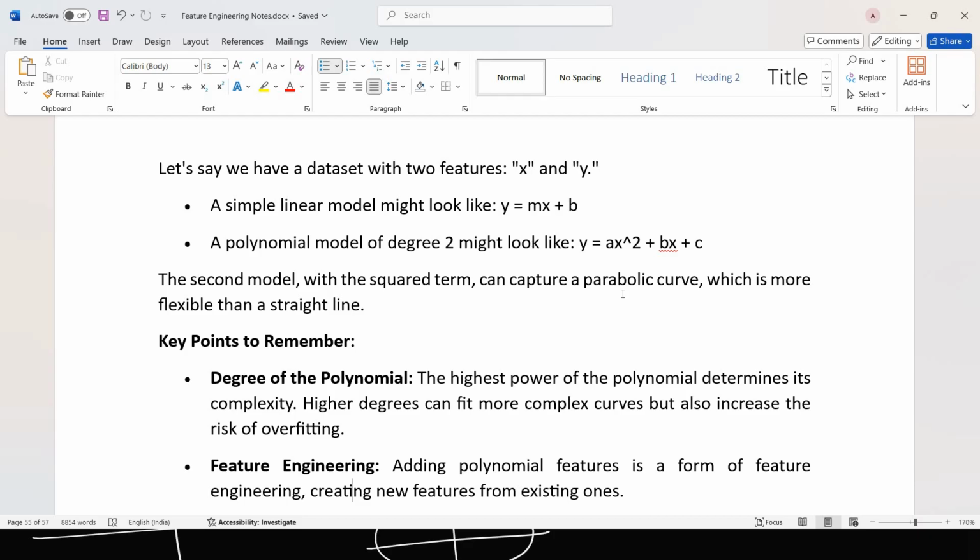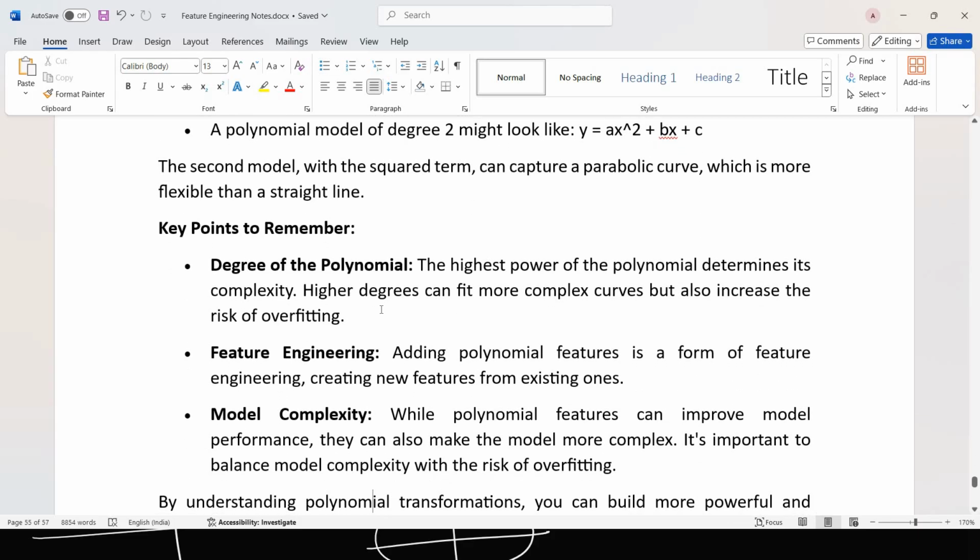So that will be really interesting and really important for you to know. Okay, so the second model will capture a parabolic curve which is more flexible than a straight line, obviously, and it will be able to cover more points in the graph which has resulted after plotting it against the data set that you have.